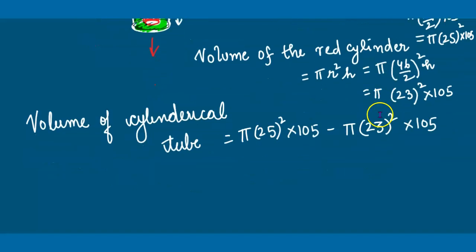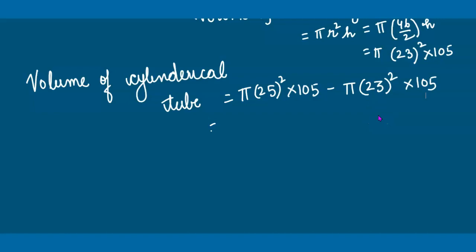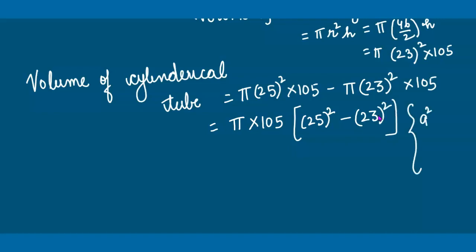So let's make our calculations simpler. We are going to take out the common things, which are pi and 105. So inside we are going to be left with 25 square minus 23 square. Here we can apply the formula a square minus b square is equal to a minus b into a plus b. So here a is 25 and b is 23.